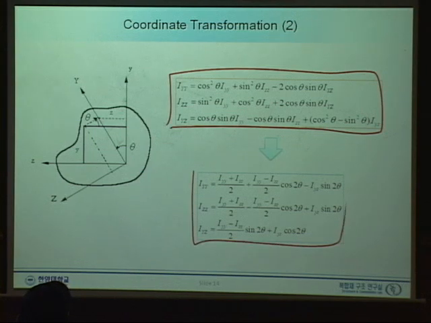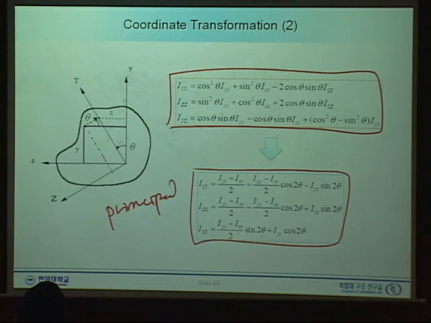Okay, this equation, and again you can use the Mohr circle. So same concept as the stress and strains. Here you can define the principal axis where IYZ equals 0. No product exists, so only this term can be 0.